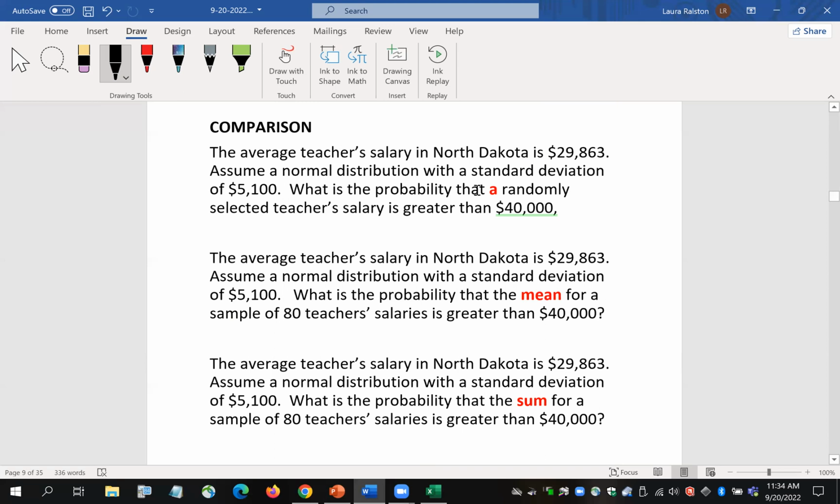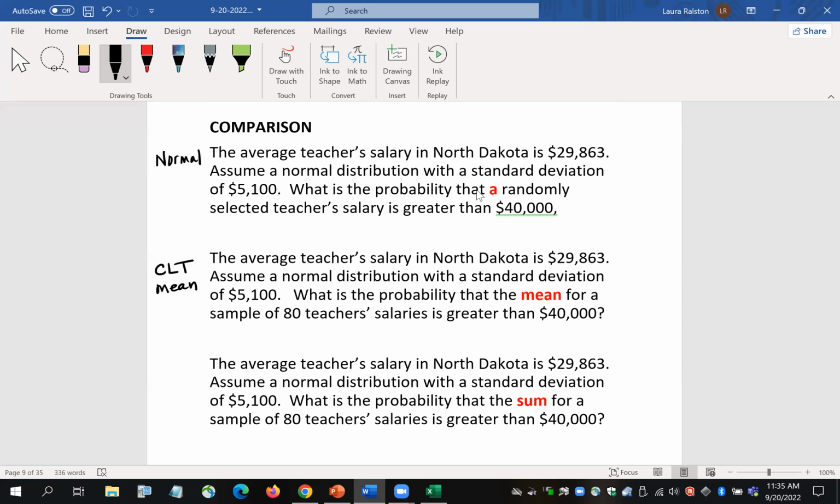Again, it tells you it's normally distributed. It gives you the mean, it gives you the standard deviation, and you're told that you're going to select one person or one item. The same question is the second one, and I'll mark this one here, is the central limit theorem for the mean. This one is just good old everyday normal.